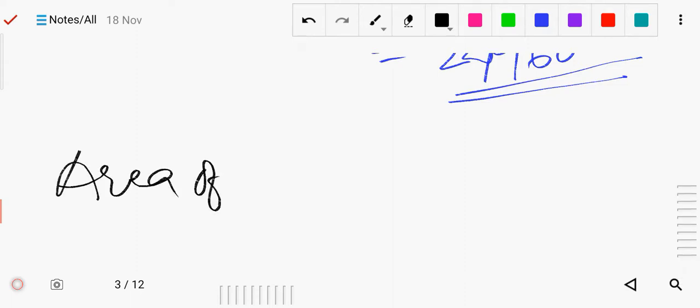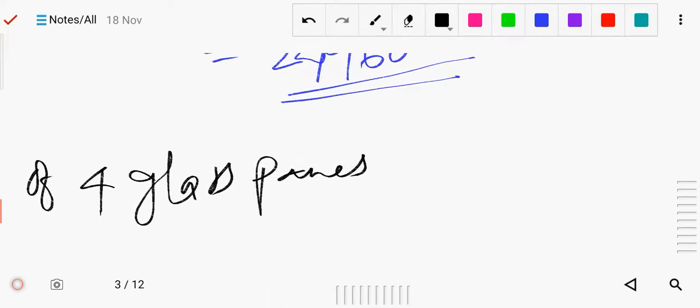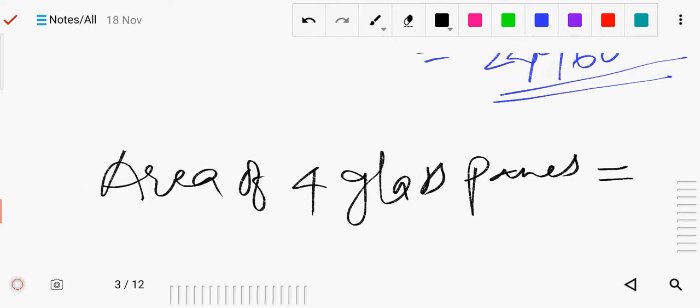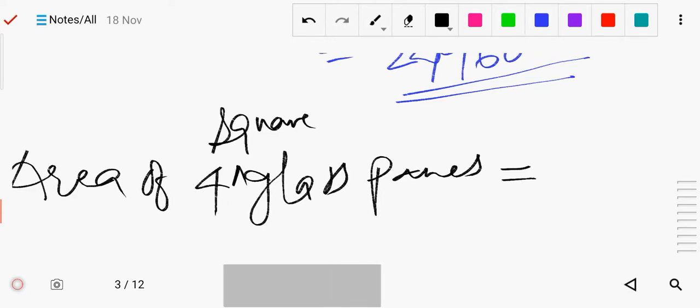area of 4 glasses. How many glasses total are there? 4 glass panes. Okay, 4 glass panes. So this is the area of 4 glass panes.